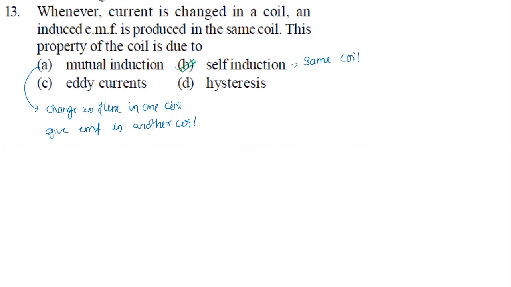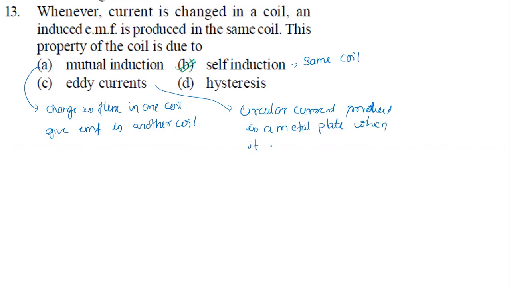Now sir, what about the eddy current? Eddy current means circular current. Circular current produced in a metal plate when it is set to oscillate in a magnetic field.